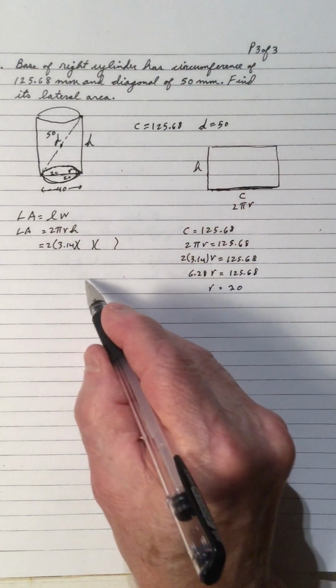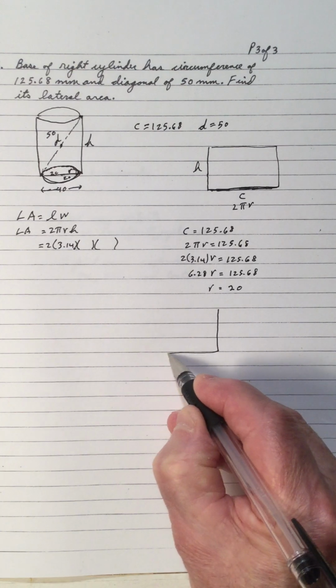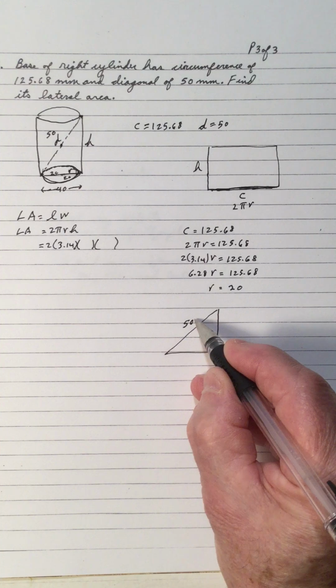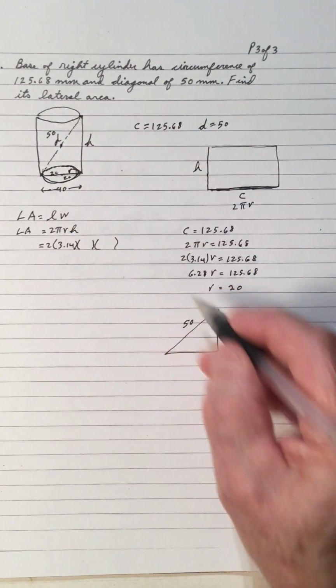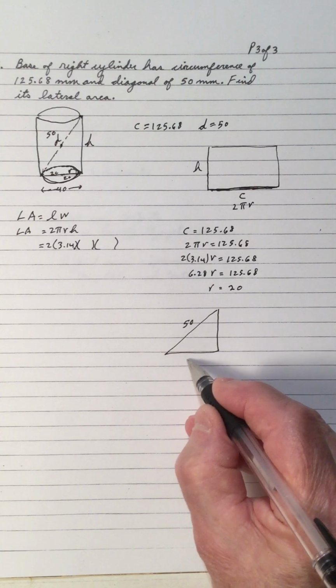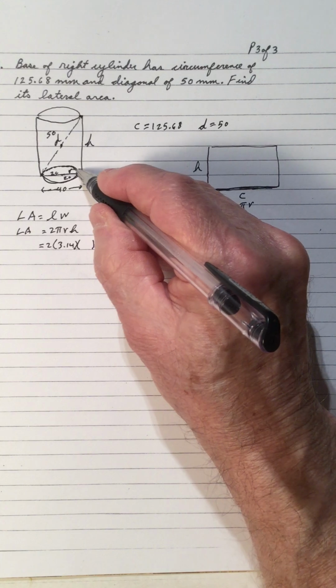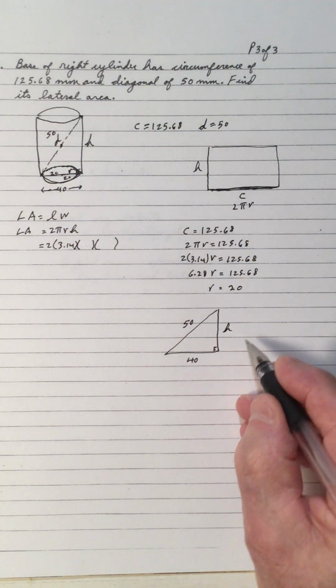So that means we have a right triangle, and let's draw that triangle. We have 50 for the diagonal of the cylinder, and we have 40 for the diameter with a right angle. So there's the right angle, there's 50 and 40. We need the height, h.